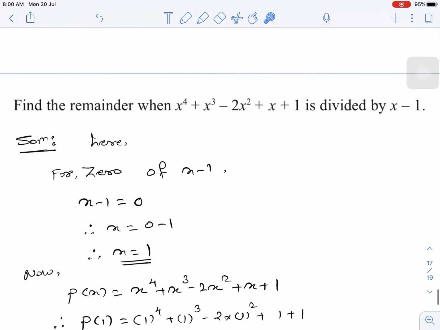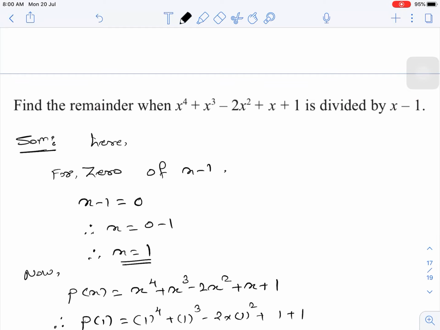What we have done in this example, suppose if you want to find remainder, we get a remainder when two numbers are dividing each other. In the same way, if you want to find the remainder of a polynomial, we have to divide two polynomials. So we are dividing this polynomial by x minus 1.